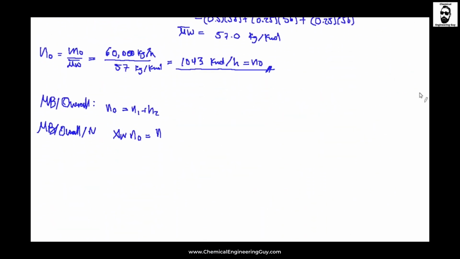So n2 is going to be this, and I got this value here, and so easily I got n2. If you do this operation, you should get something around this many kilomoles per hour of n-butane.